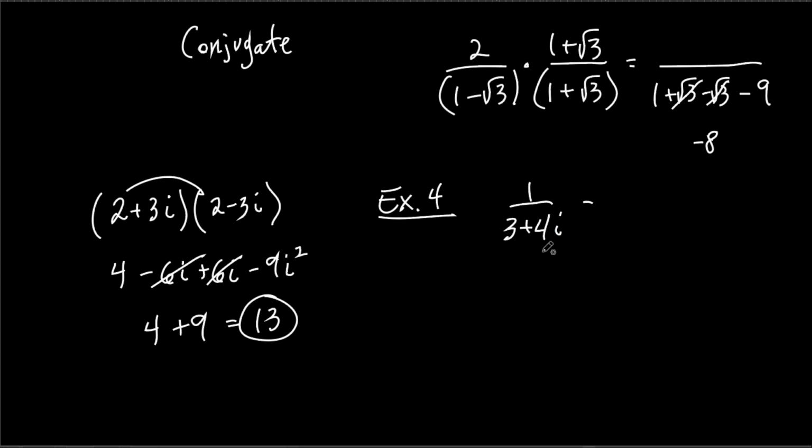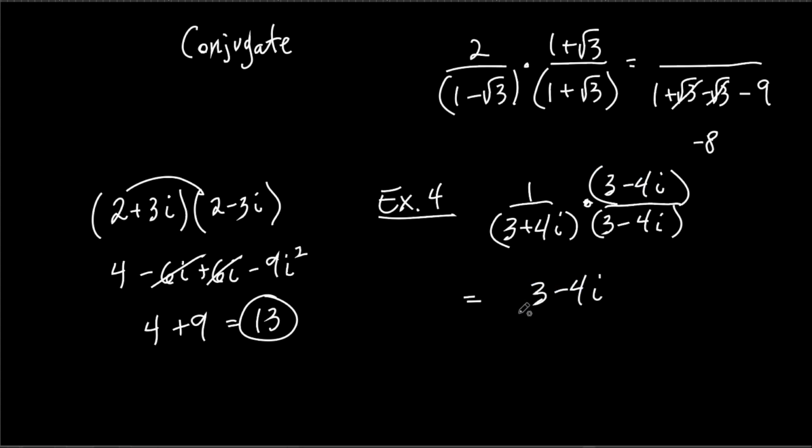Can I write my answer like this? No, because there's an i in the denominator, which means there's a square root in the denominator. So how do I get rid of that square root in the denominator? Multiply by its conjugate, and you do the same thing to the top. What's the top going to be?